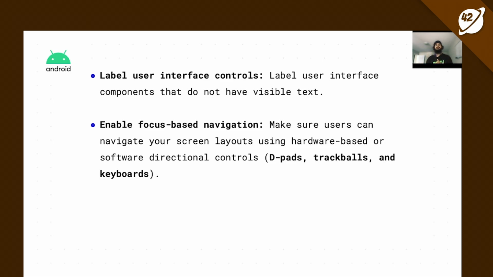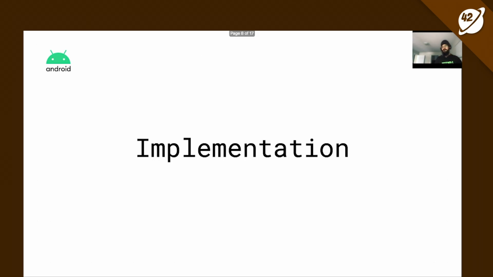But if you have some sort of custom navigation, you need to make sure that it is properly defined in your XML, so that when users use tools like keyboards or D-pads, the navigation works as expected. So those were the basic important concepts of navigation and accessibility that we need to take care of when developing our UIs in Android.